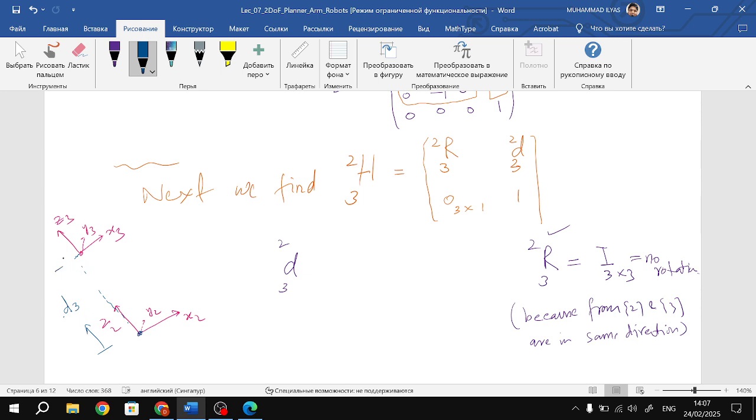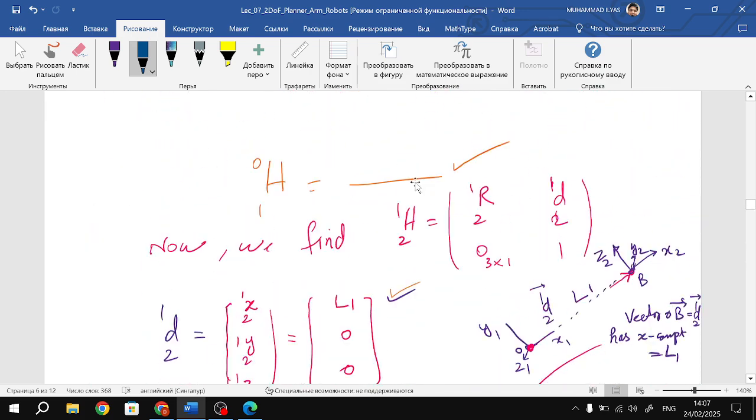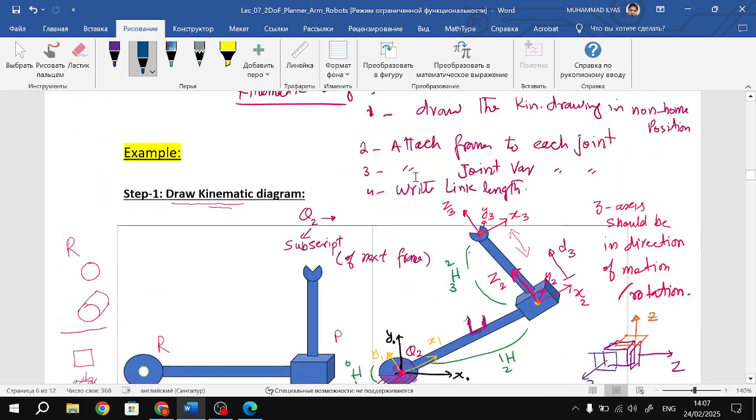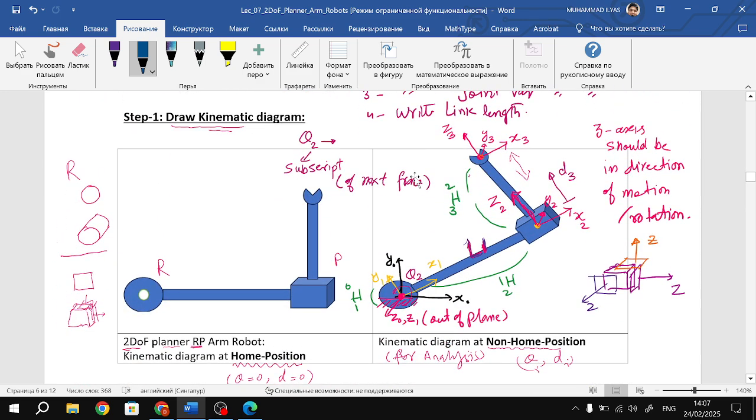If you look at the kinematic diagram, this example looks like a human arm, like this. Human arm, right? Let's say we have a prismatic joint here, by which the arm can go up and down, and the other part is fixed. That is not a revolute joint. This is a prismatic joint.